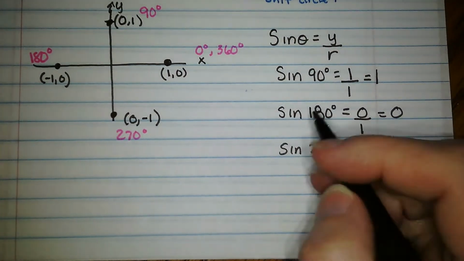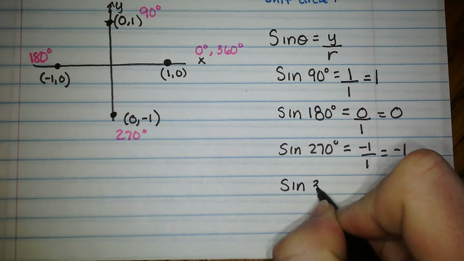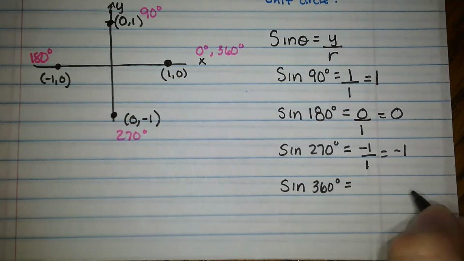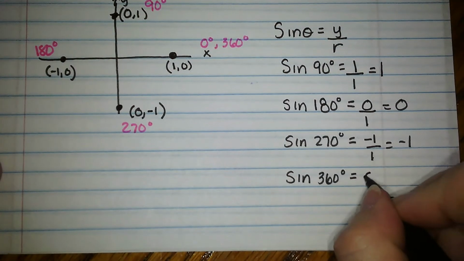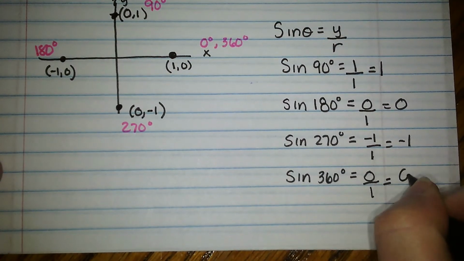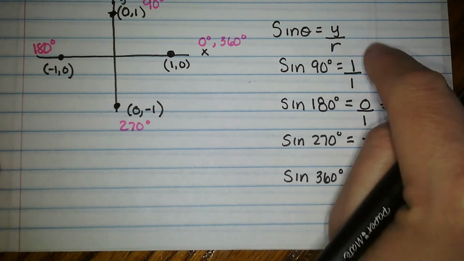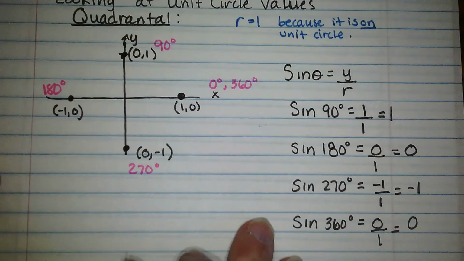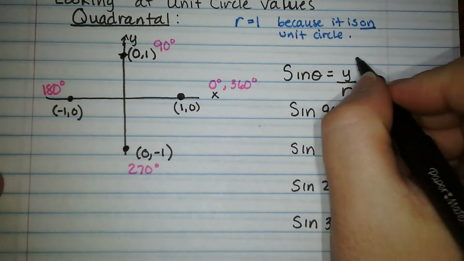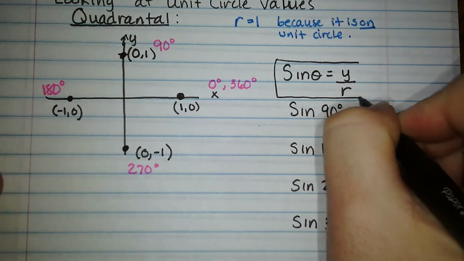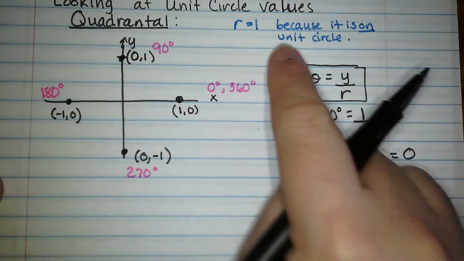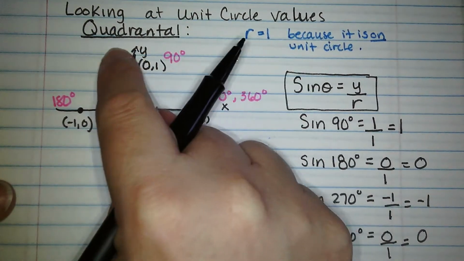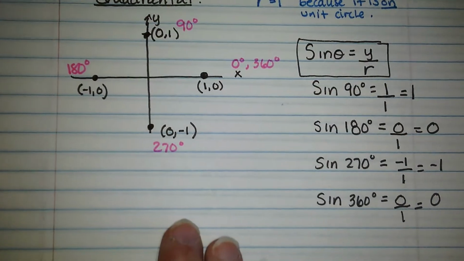And the same thing happens if I take sine of 360 or the sine of 0. It's going to be 0 over 1, which is 0. And these represent our values for sine. So to find sine, we did y over r for our unit circle. Again, r is 1 because it's on the circle itself.